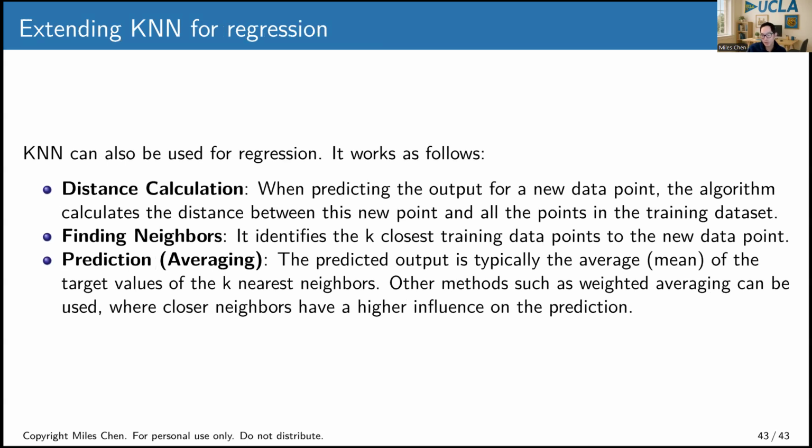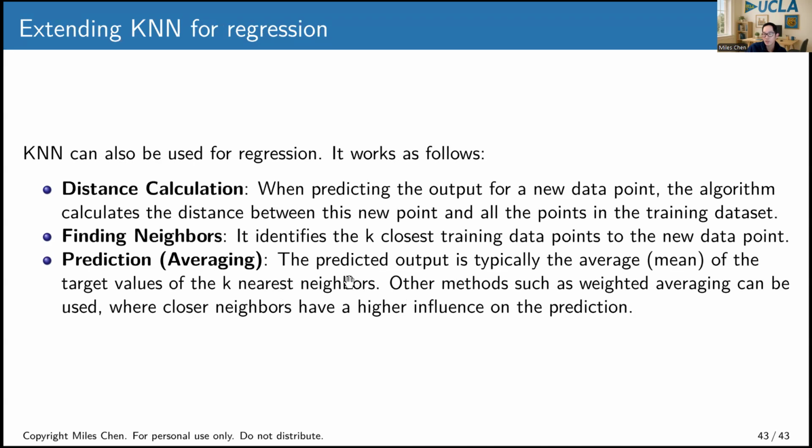So, and I guess this will be our last point here, k-nearest neighbors can also be extended for regression. And the way it would work is, you still do this distance calculation, but then when you predict output for your test case, what you will typically do is take the mean of the nearest neighbors.